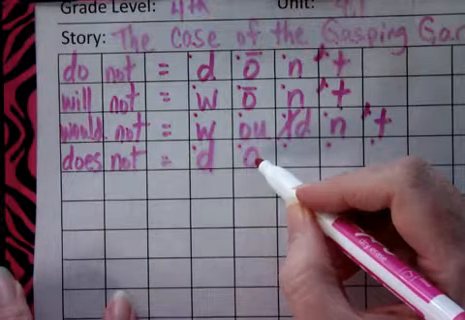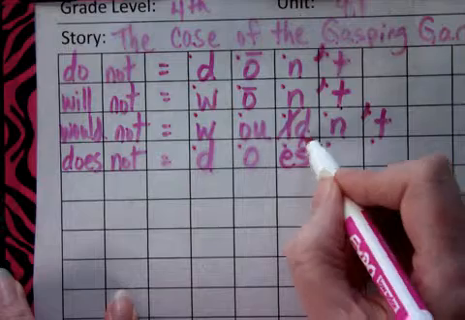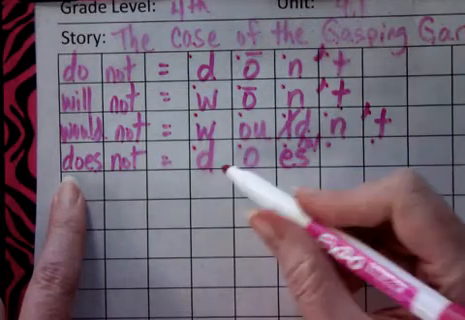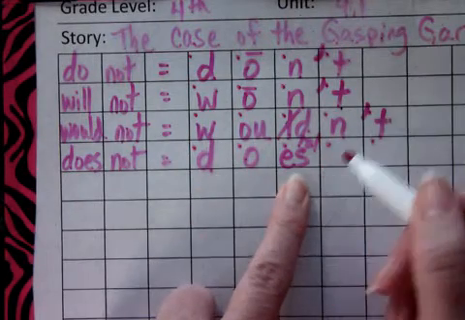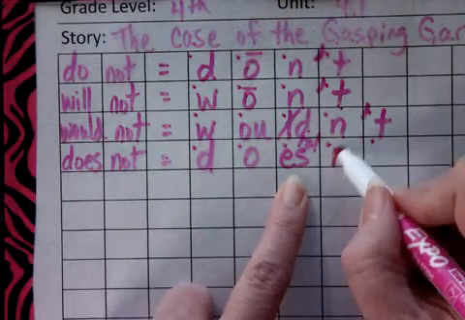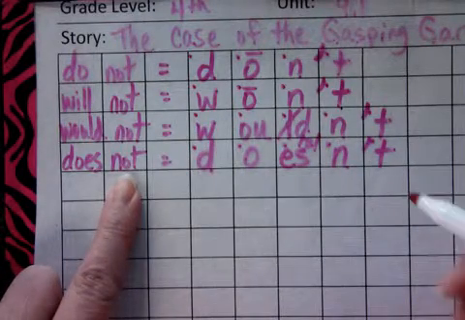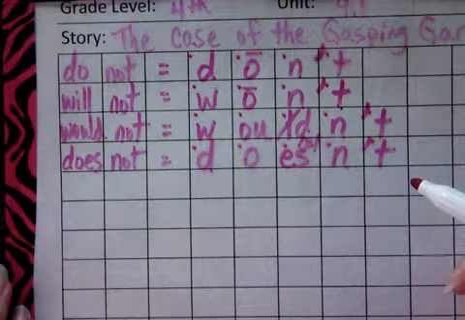In this word, it's the O. The z sound is represented by the ES, because the first part of the word, does, is the same. And then the N, apostrophe T, because we're just dropping the O and squishing the two words together. Doesn't.